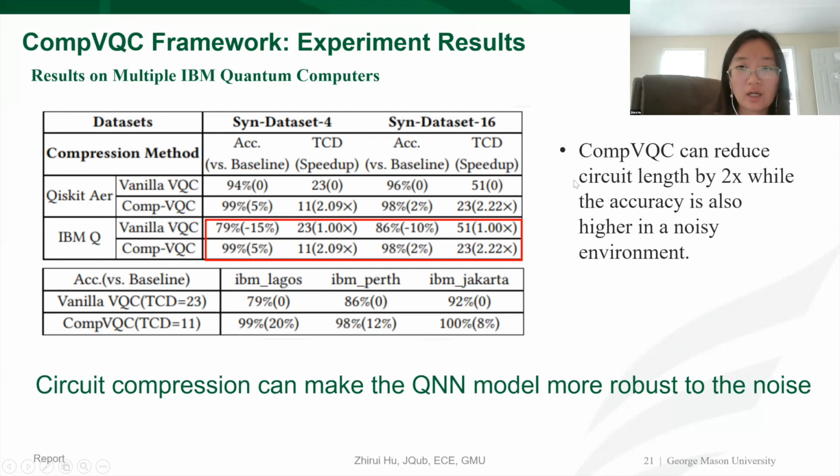And then the compression algorithm can reduce the circuit length by 2 times, while the accuracy is also higher in a noisy environment. And I also did it on different backends. We can see a similar observation. So we can conclude that the circuit compression can make the QML model more robust to the noise.